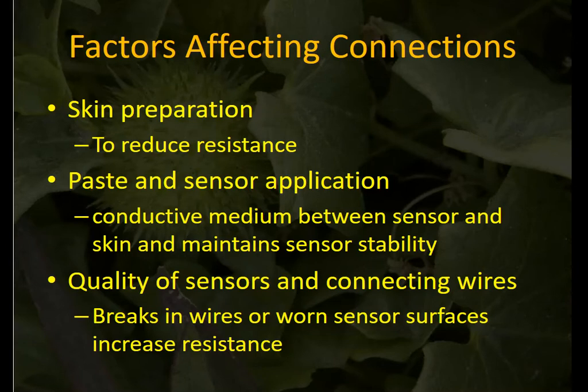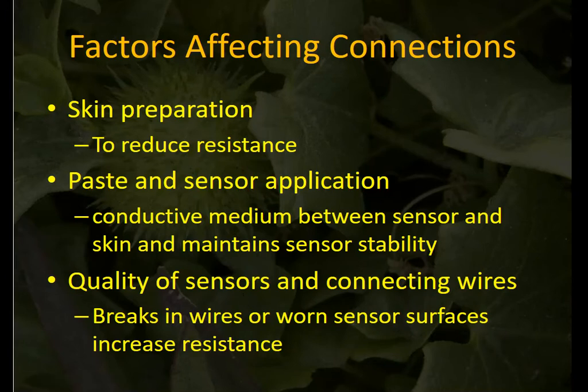The other factor that we have control of is the quality of the sensors and the connecting wires. We want to make sure that we don't have any breaks or disruption in the sensor surface. The sensor surface is usually conductive, and sometimes the substrate or underlying structure may be less conductive.